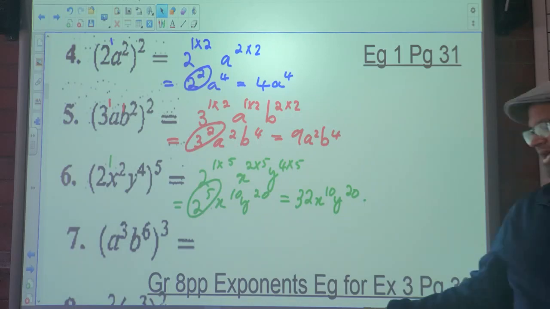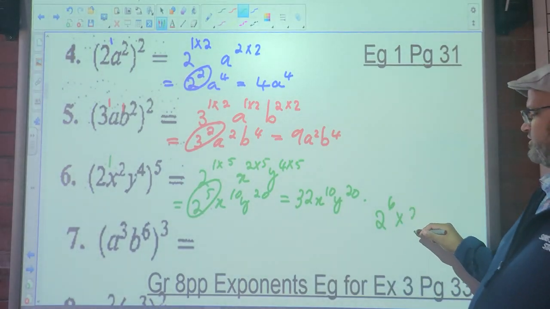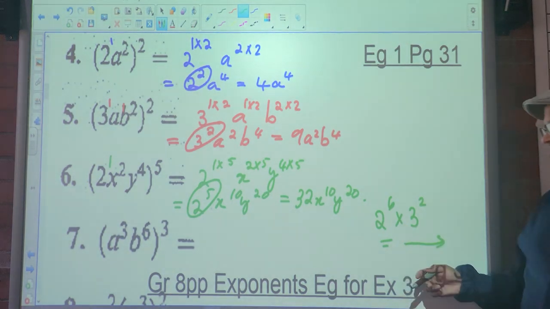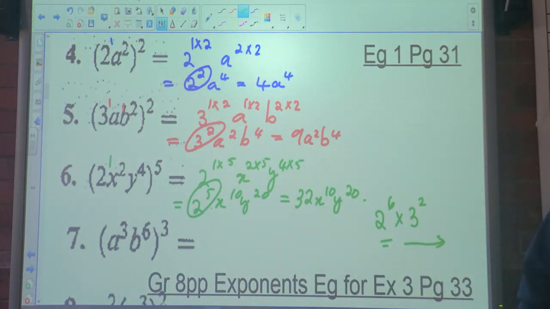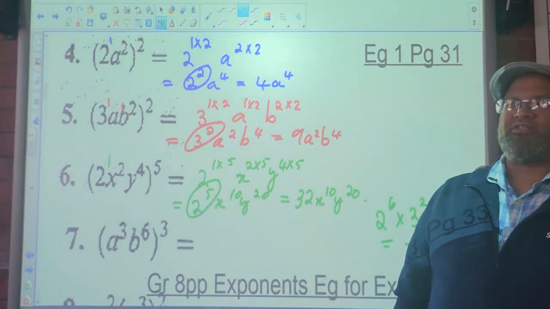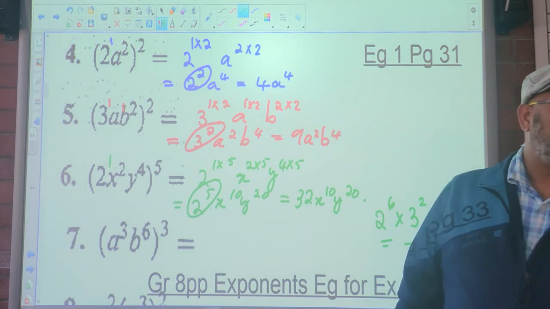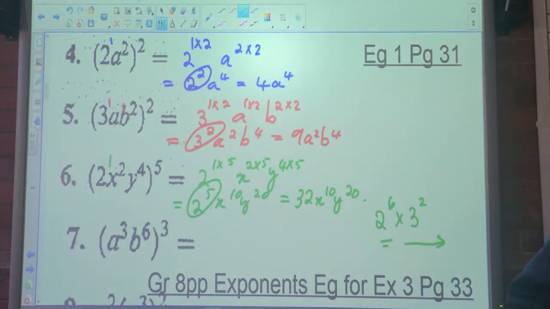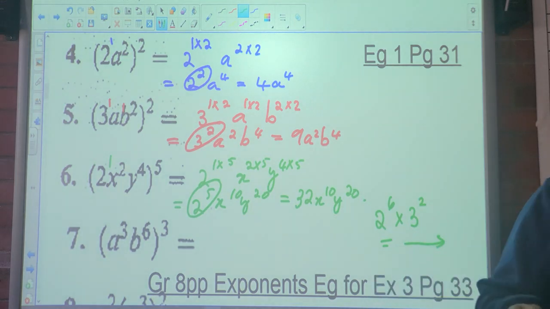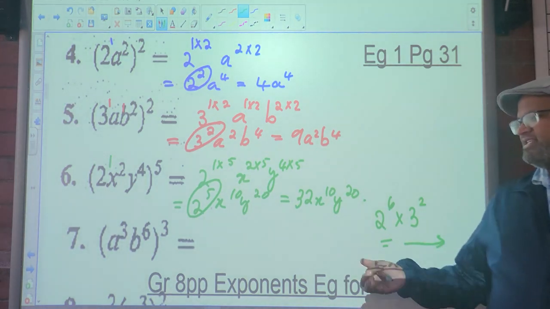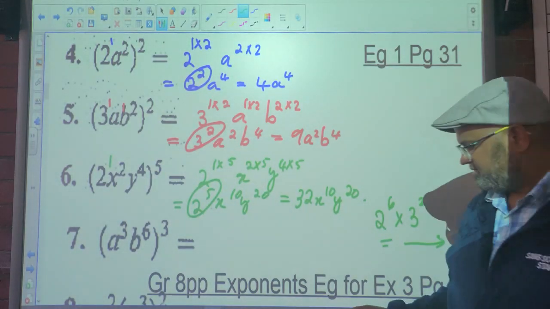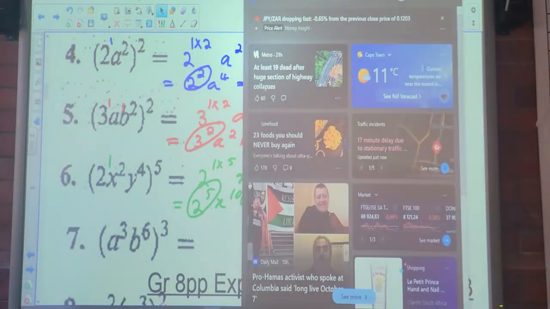Unless we tell you otherwise, if you got 2 to the 6 times 3 to the 2, you must work out the ordinary form of that. And if it's over 200, then we expect you to work it out. But if it's like 2 to the 10, which is 1024, fairly large, we don't expect you to work it out in the exam. You would leave it as 2 to the 10. If it's 2 to the 15 or 3 to the 10, whatever, we expect you to leave it like that. But as I said, if it's a number under 200, it's fair game. Any confusion, people? No?